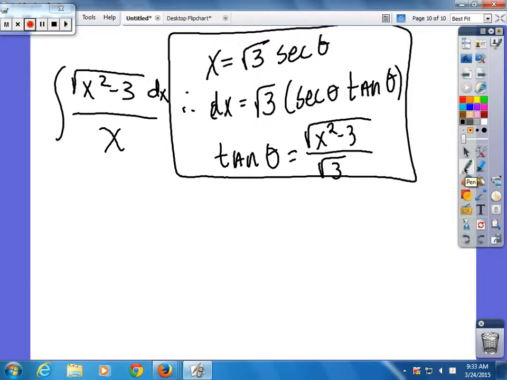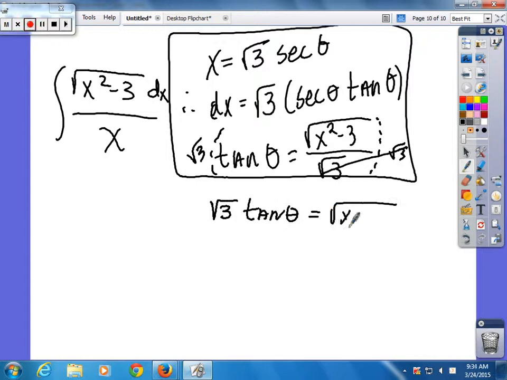I'm going to go right here and multiply both sides by square root of 3. So this is equal to that. So square root of 3 tan of theta is equal to the square root of x squared minus 3.